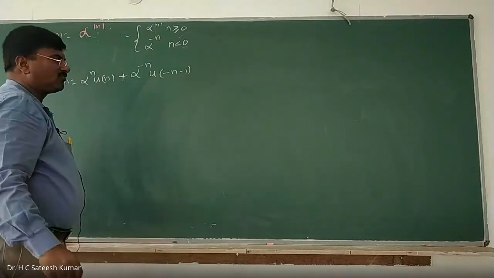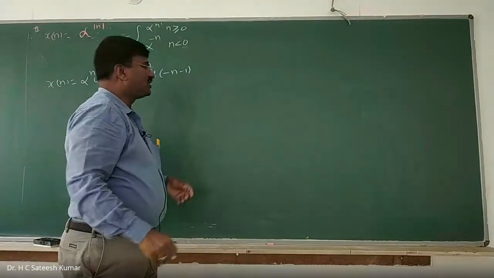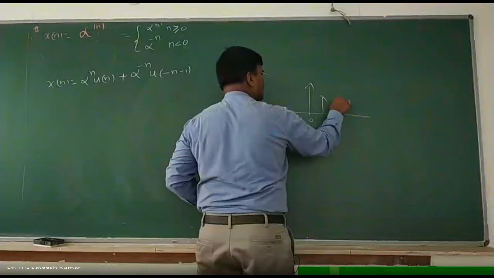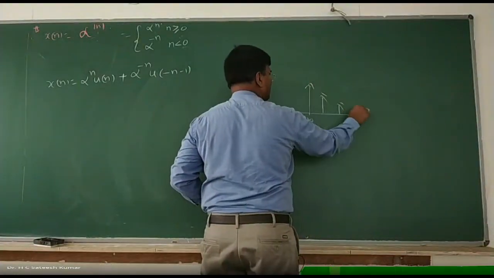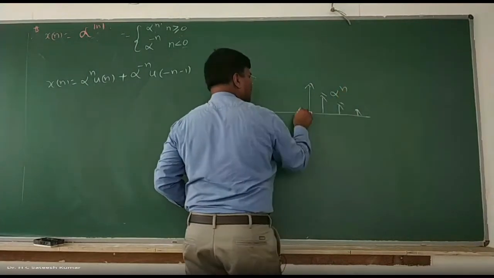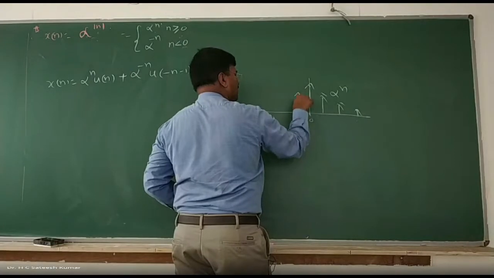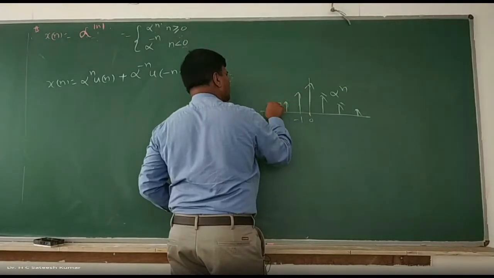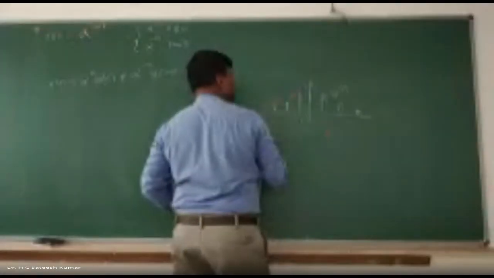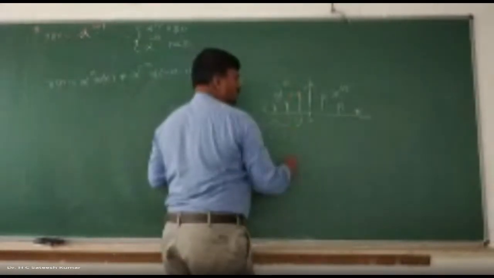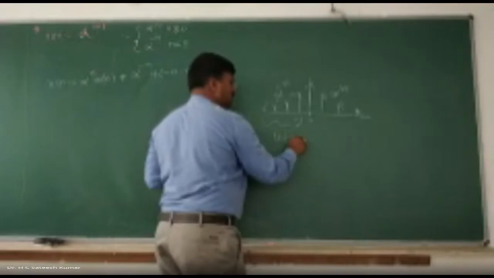What is this u of minus n minus 1? Because 0 to infinity, alpha to the power of n, assuming magnitude of alpha is less than 1. Now, already I have taken the 0th value. Now I should take it from where? Minus 1 to minus infinity, and its value is alpha to the power of minus n. So only this much is nothing but u of minus n minus 1.